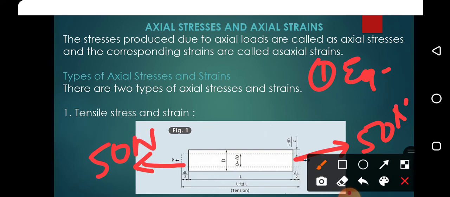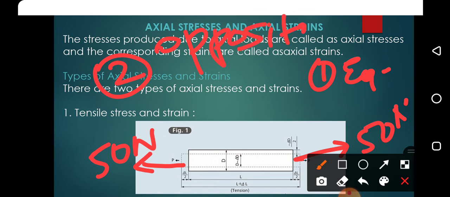The second point is opposite forces: two equal and opposite forces are acting here in tensile force. This nature you have to maintain here.